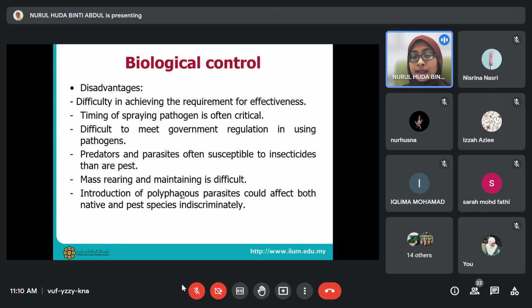So sama ada yang native, usually yang native maksudnya dia appear naturally, which is you don't have to control, macam it may be a pollinator, it may be a predator or parasitoid in that area. But when we introduce the parasite which is polyphagous, it can kill either a good or beneficial insect, and also it can kill the pest indiscriminately lah.